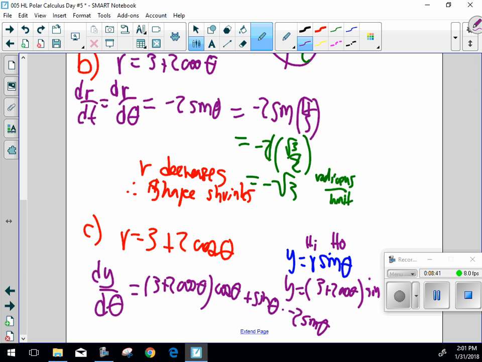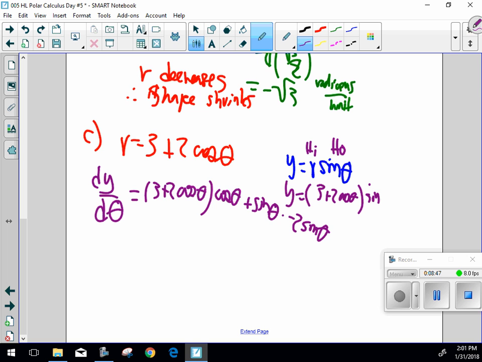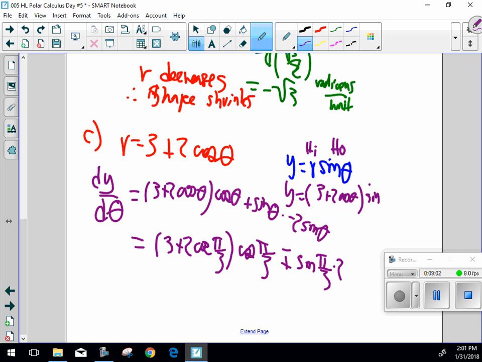Then you have to put pi over 3 in, and you simplify, and you'll get an answer. I'm not going to do that, but could you do that? 3 plus 2 cosine of pi over 3 times the cosine of pi over 3 plus the sine of pi over 3, -2 sine of pi over 3. Could you do all that?